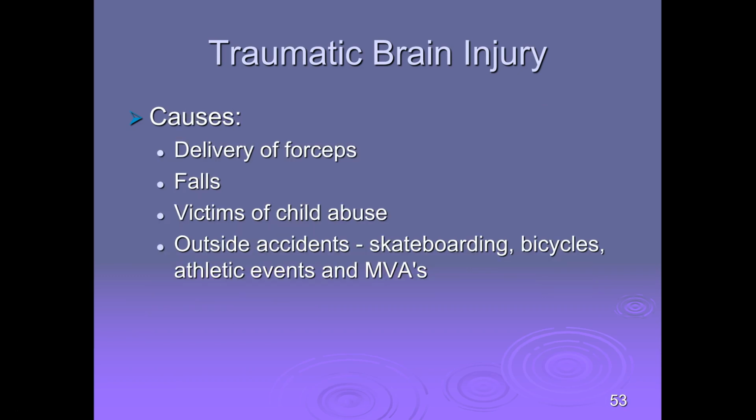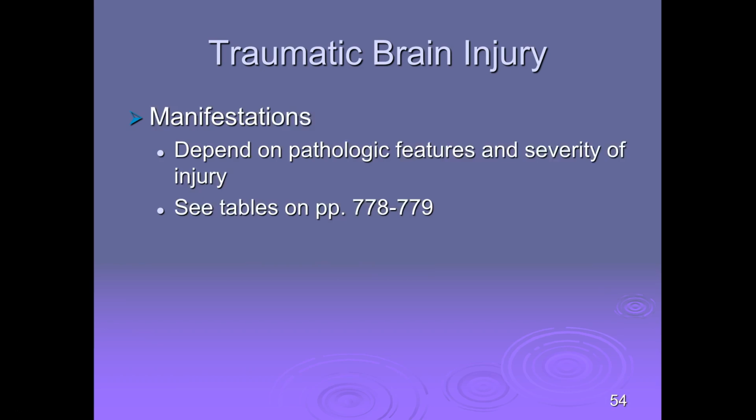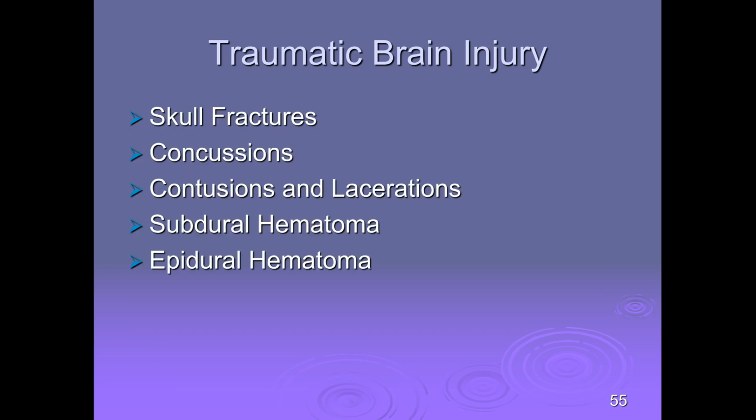Traumatic brain injury causes, you can read over yourself. They're pretty self-explanatory. Manifestations, it depends on what it is and how bad it is, basically. And you can see the pages if you want to about the different kinds of TBI. It's not necessary.